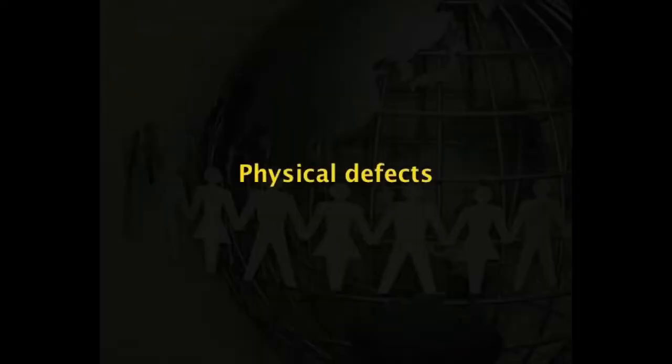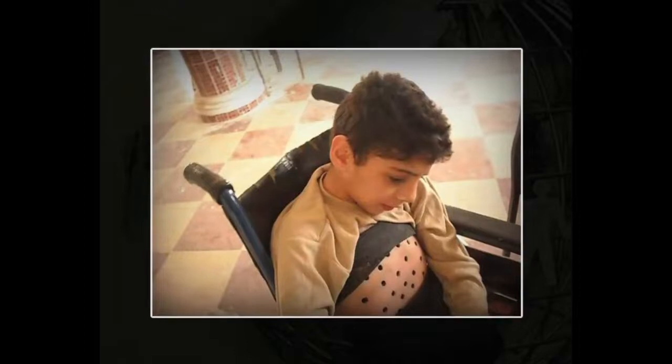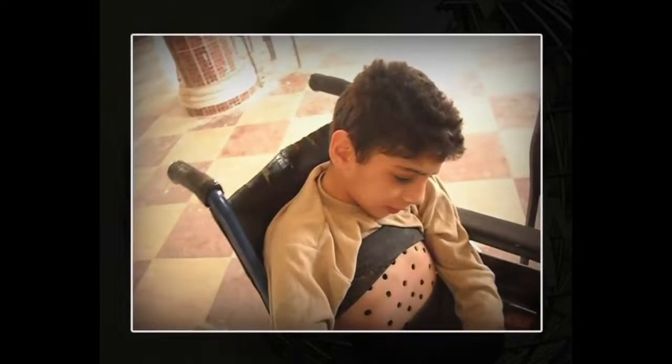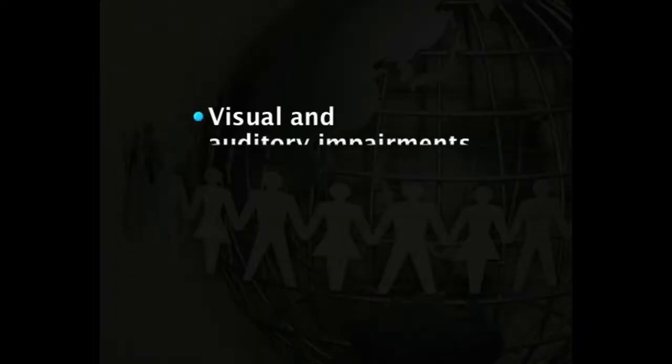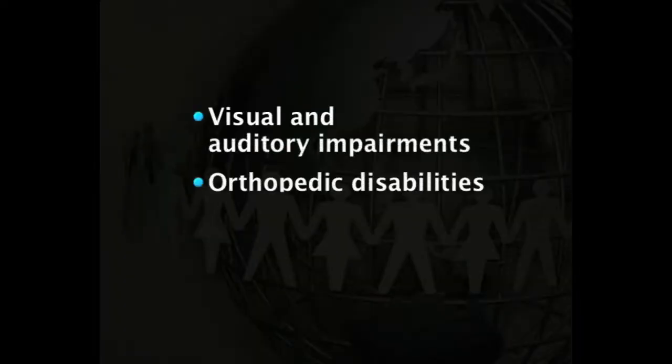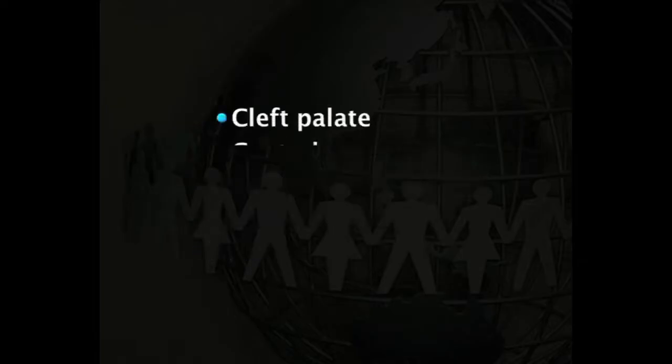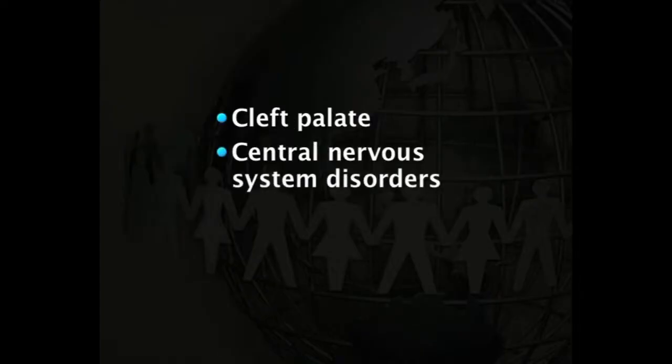Physical defects. Physical defects place limitations on the child's ability to deal with the environment. The most common physical defects among children are visual and auditory impairments, orthopedic disabilities, speech defects, harelip, cleft palate, central nervous system disorders and heart diseases.